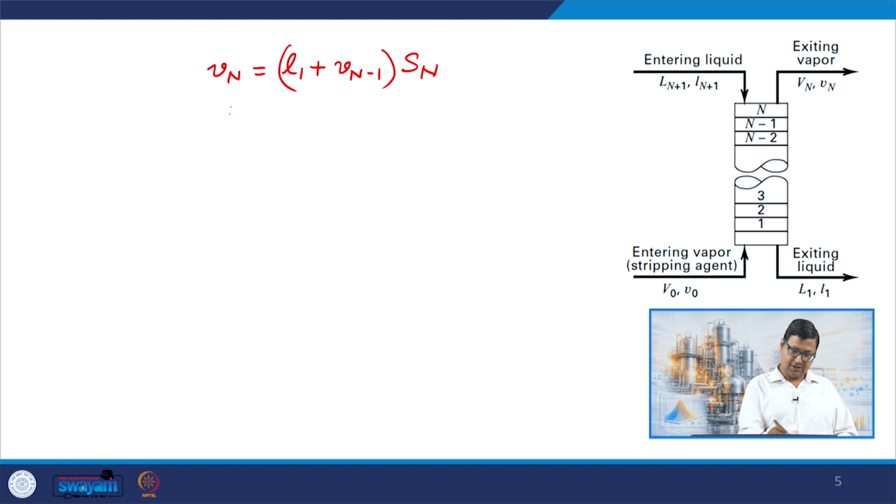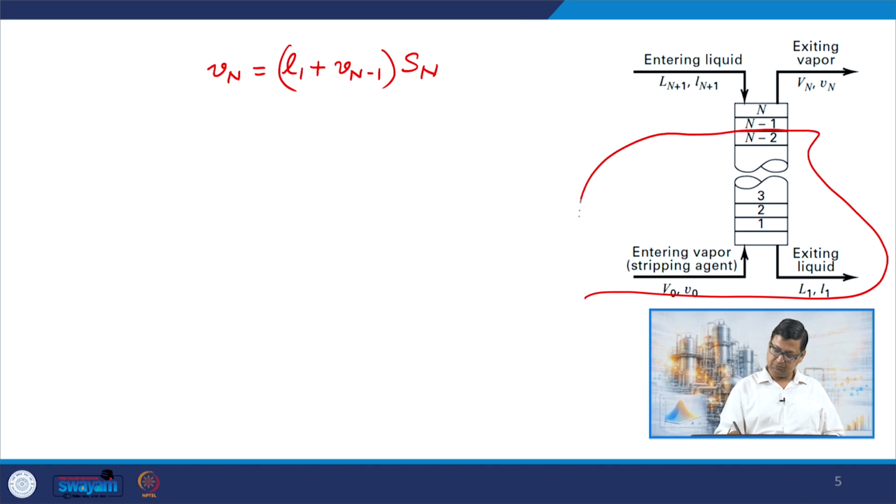Now we can do a material balance from 1 to n minus 2. What is coming in? V naught is 0, so nothing is coming in from there.